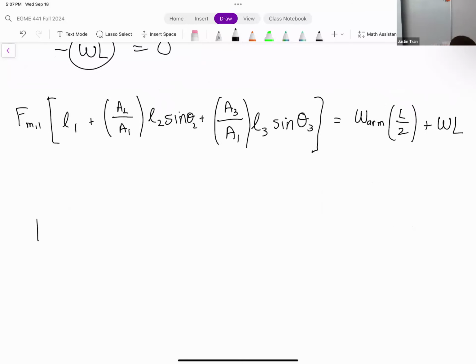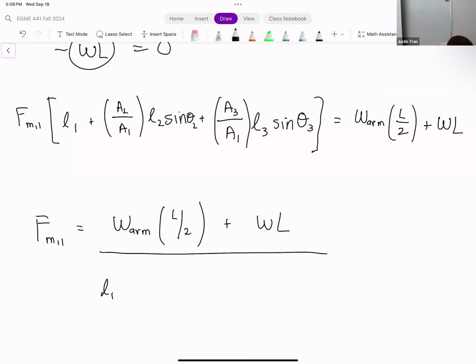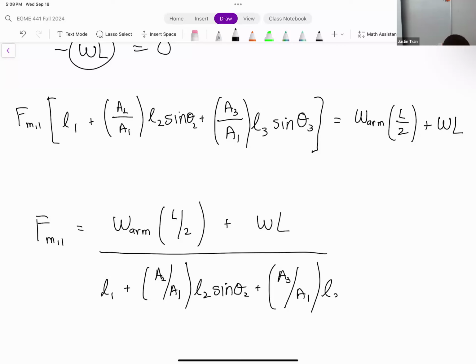And so our final result, FM1 is equal to W arm times L over 2 plus W times L, divided by L1 plus A2 over A1 L2 sine theta 2 plus A3 divided by A1 L3 sine of theta 3.